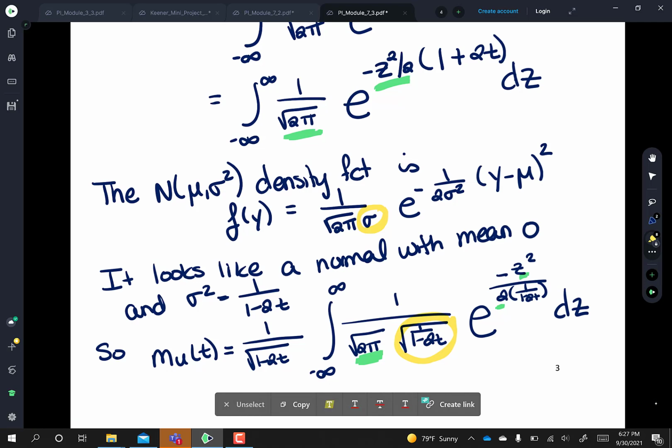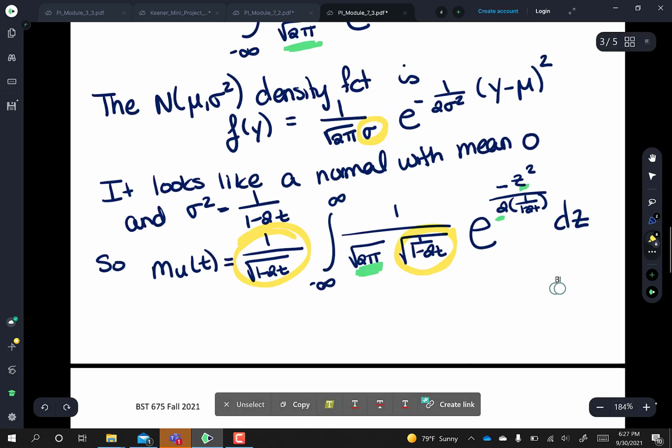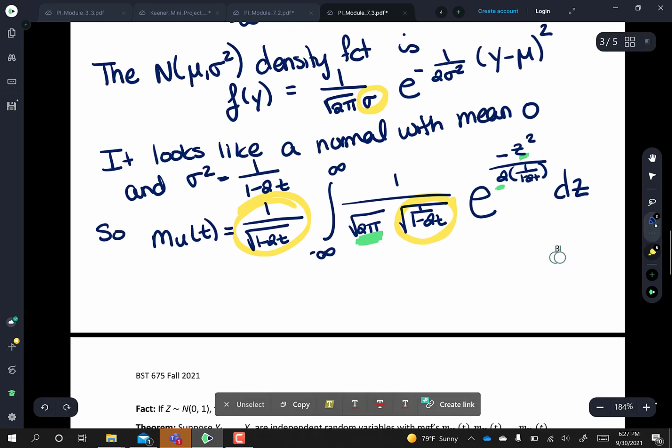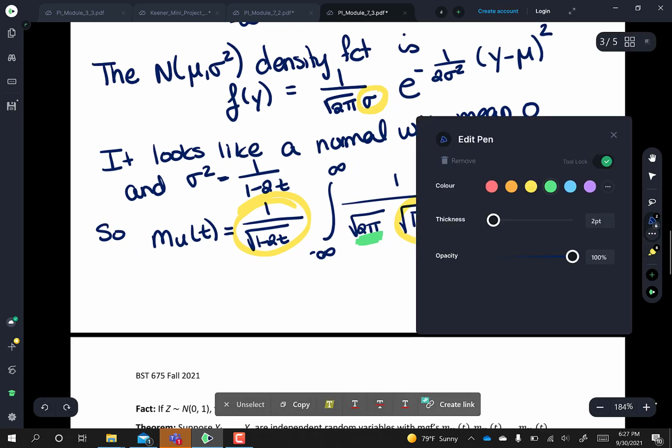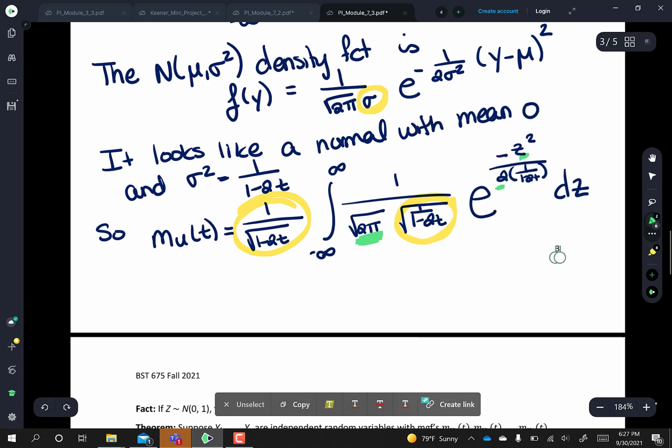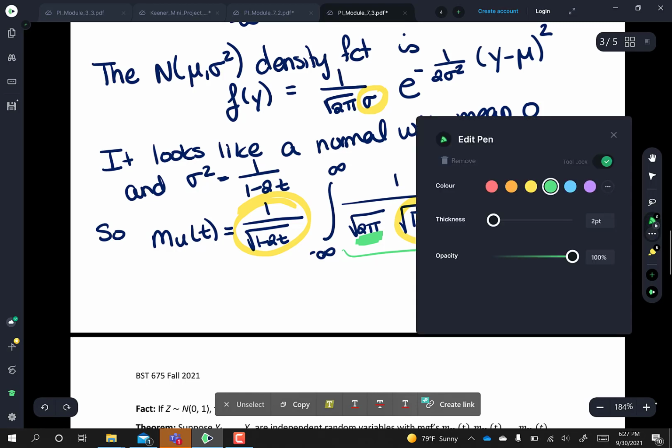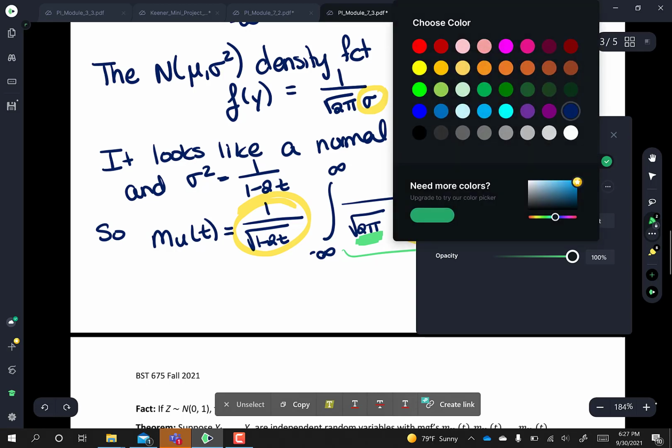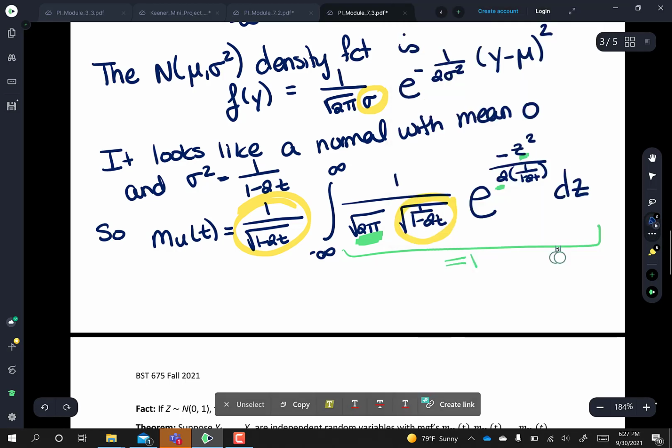But we also have to, on the outside, multiply by 1 over the square root of (1 minus 2t), so that we're really only multiplying by 1. So now, this entire piece here is going to be equal to 1. It integrates to 1 because that is the PDF of a normal distribution. We know if we integrate a PDF over the entire sample space, that is going to be equal to 1.